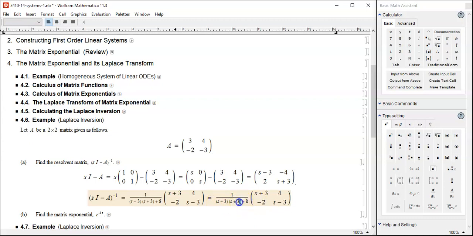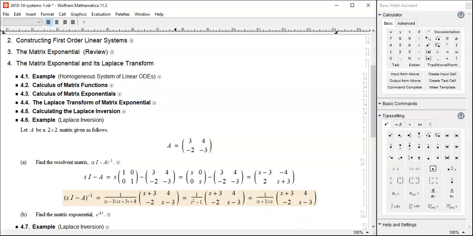Let's see, this whole thing is s squared minus 9 plus 8, so the whole thing is s squared minus 1. And therefore, this whole thing can be written as, did I do this right? And then this can be split into each entry.